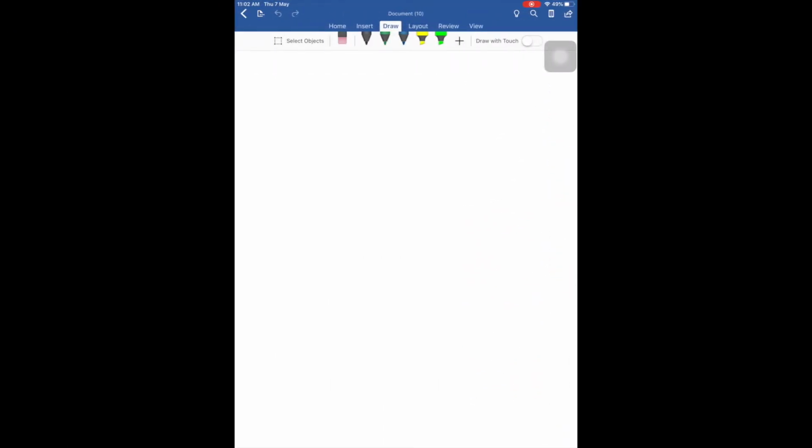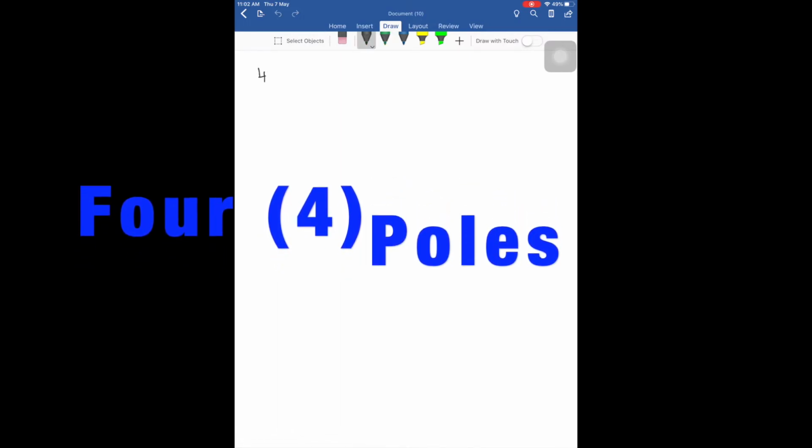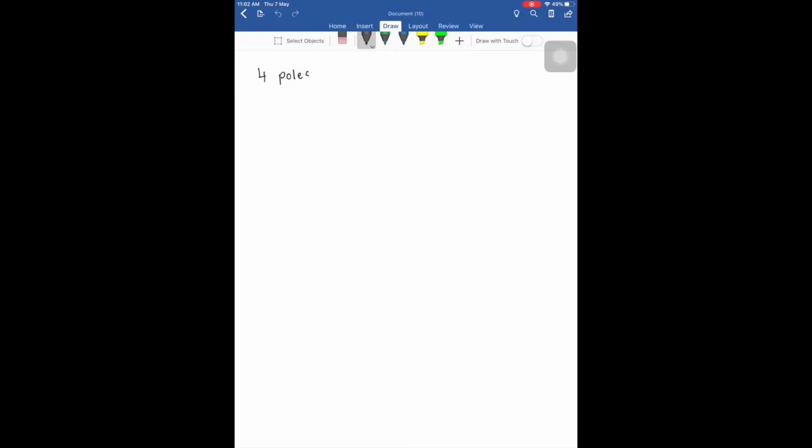Next, I'm going to show you what happens if you have 4 poles. For example, we have z equal to 0.1, 0.2, 2, and 3. So we have 4 poles. When you have 4 poles, how many ROC are you going to have?